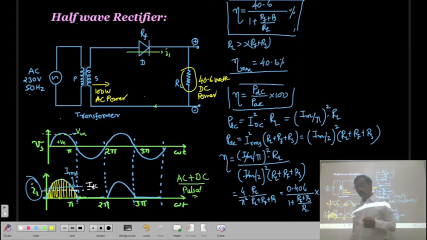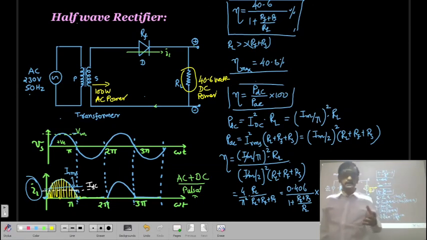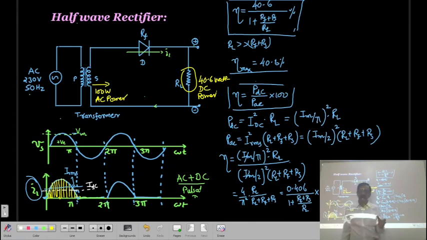So what does this mean? What about the rest of the 60% of the energy? Here the efficiency is 40%, which means 100 watt AC power at the input gives you 40.6 watt of DC power at the output. Then what happens to the rest of the 60 watt? Remember, this 60 watt of energy is not dissipated in the form of heat.